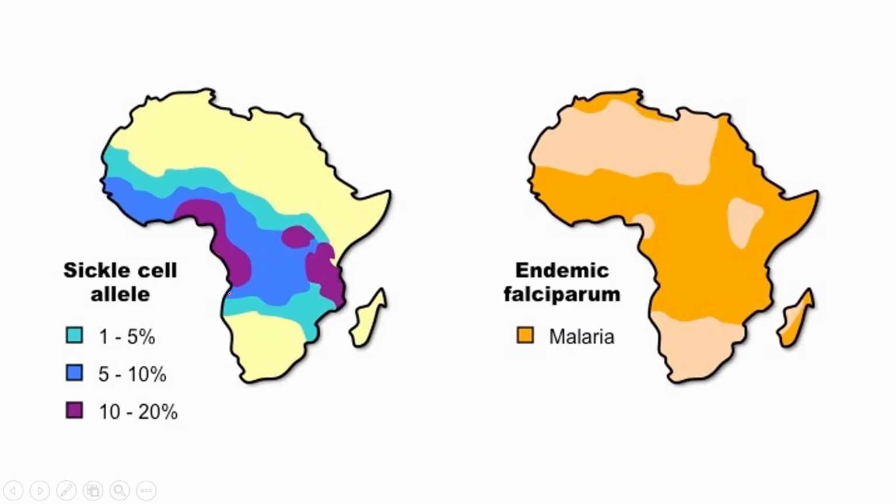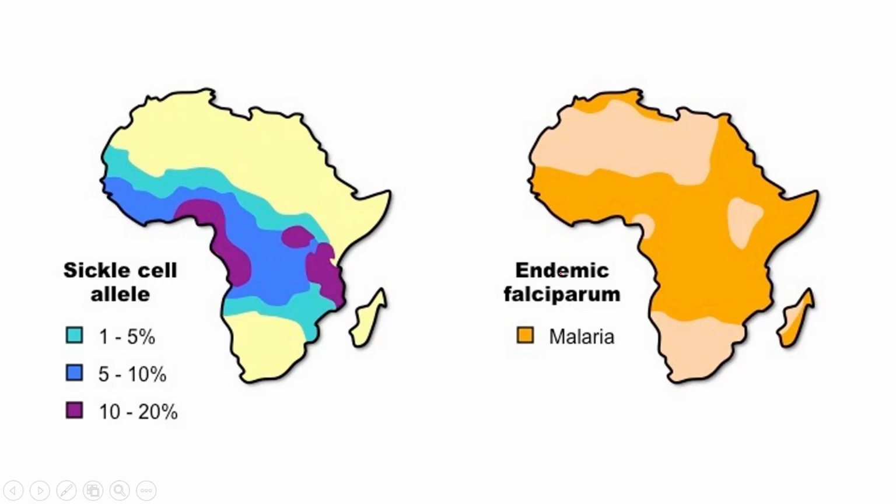This is a map showing you where the sickle cell trait or the sickle cell allele is most commonly found. And if you recognize the map, this is Africa. So it's showing us we're seeing higher percentages in Africa of people that have this particular mutation in these regions. And if you overlay that with this map, this is showing us regions where malaria is endemic.